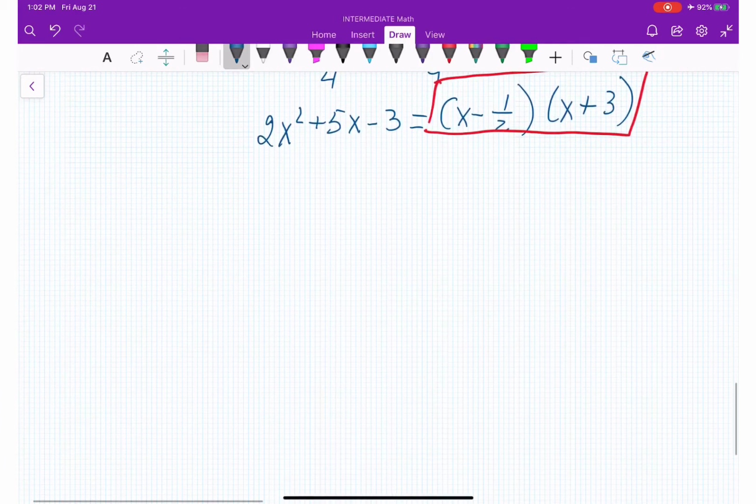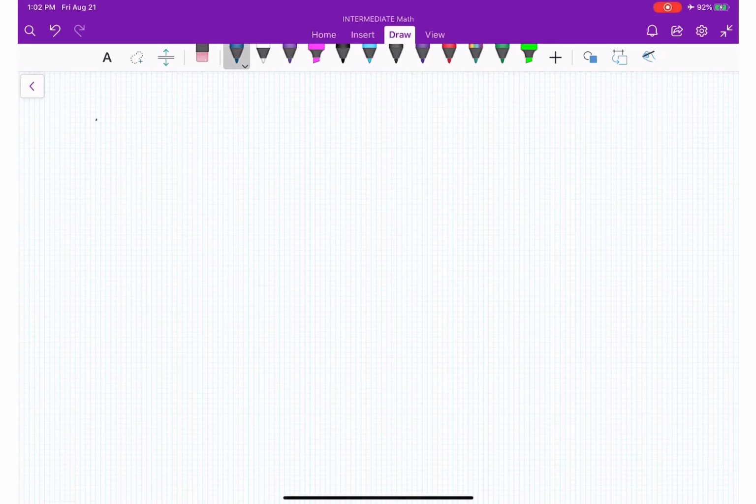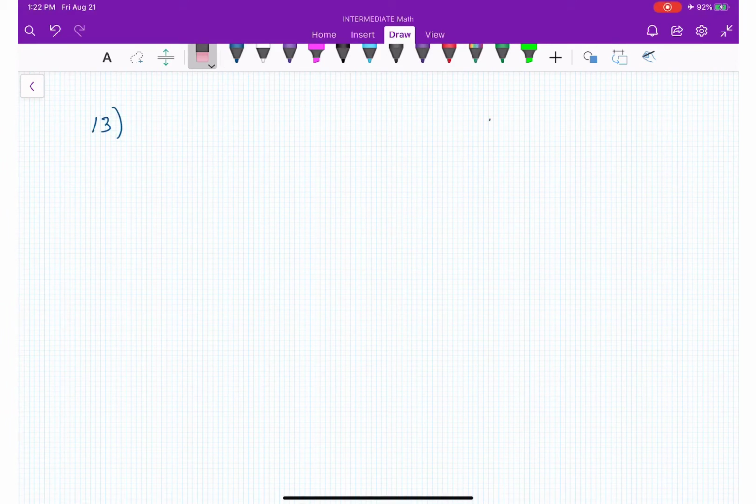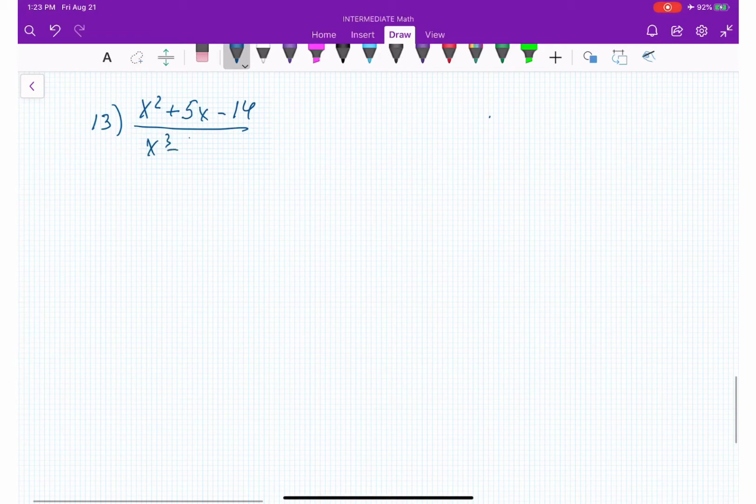Question number 13. We have x squared plus 5x minus 14 over x cubed minus 49x. Okay, so in the numerator we are going to apply factoring of the format x squared plus bx plus c, right?